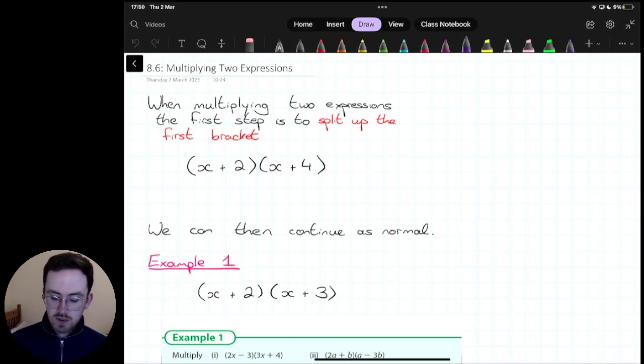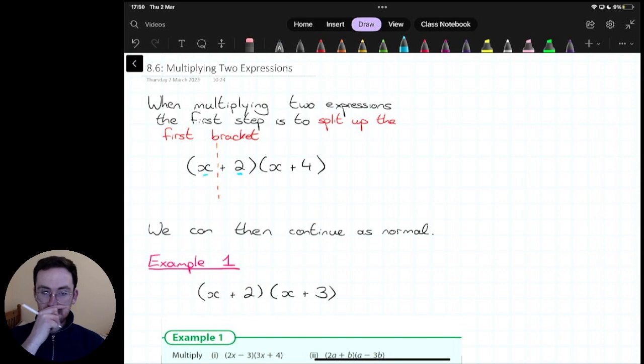So the first thing we do with a question like this is that we split up the bracket. I want you to go just in front of the plus or minus sign. Remember that in each of these brackets we have one term and another term. So we go just in front of the second term, and we're going to draw a dotted line there.